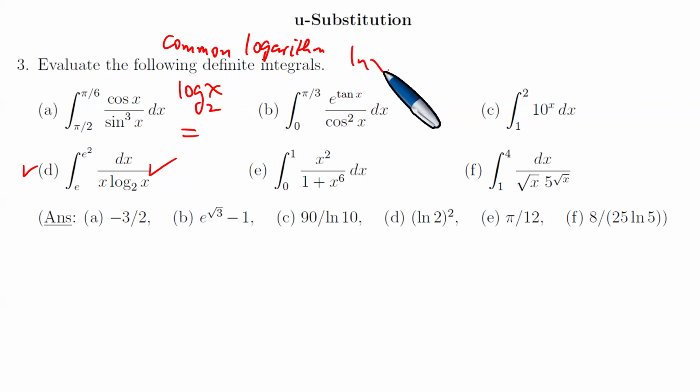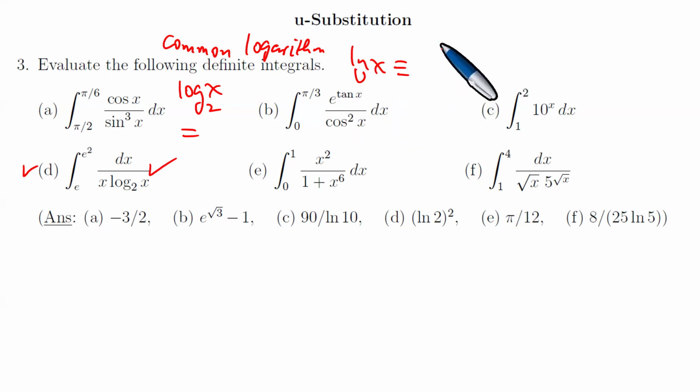Well, ln x stands for logarithmus naturalis. It's written as LN because of the Latin and French languages. But in the English language, we read it natural log, natural logarithm.